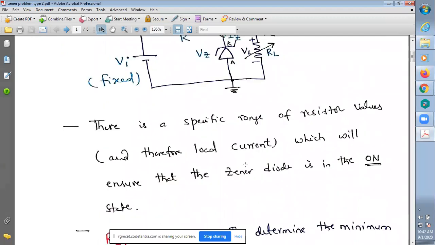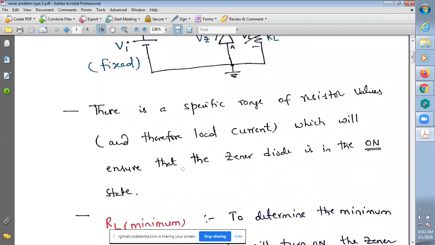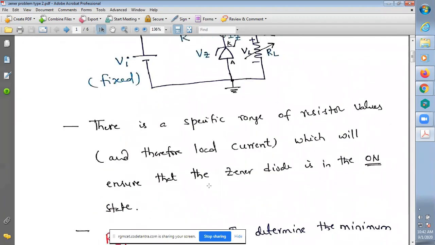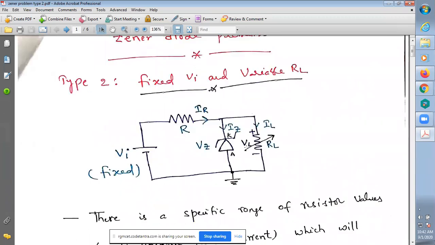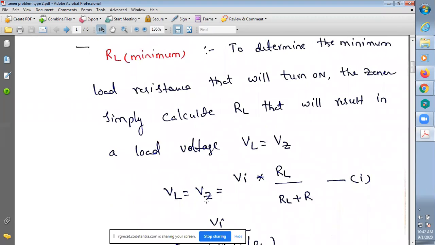The first step is we have to find the minimum load resistance value. How to find the minimum load resistance value? Simply apply the voltage divider rule across the load resistor. Now Vz and VL are both the same. Why?